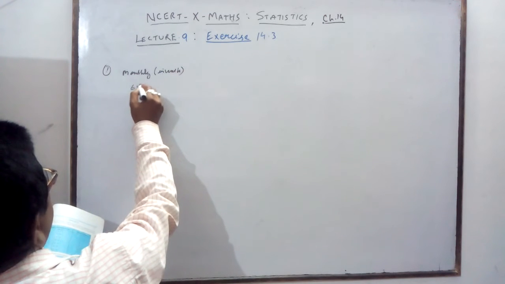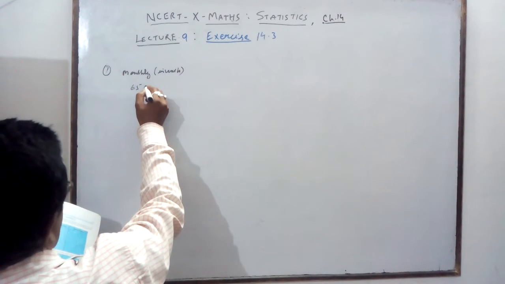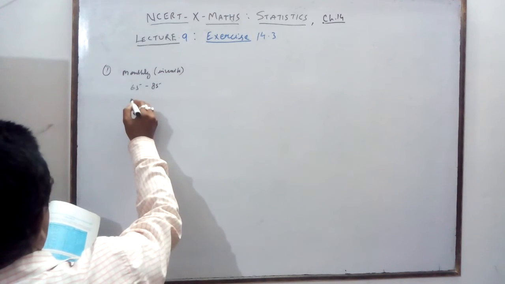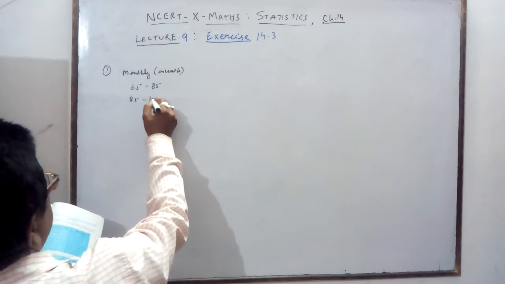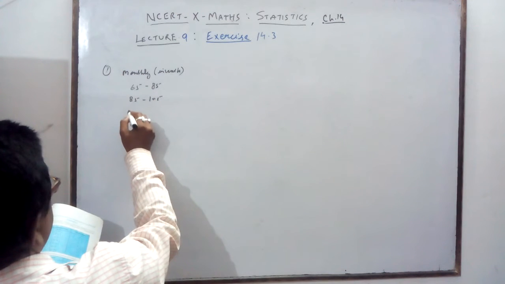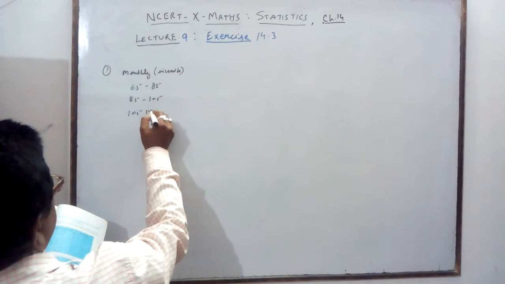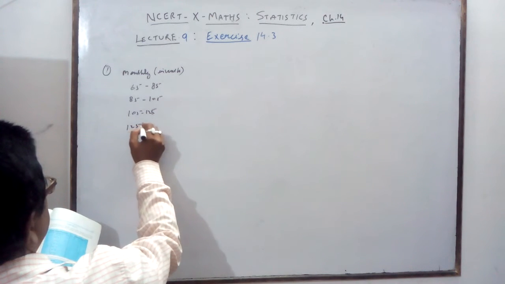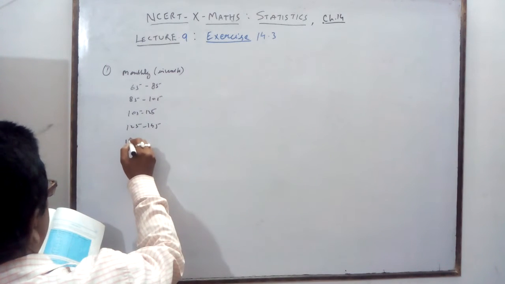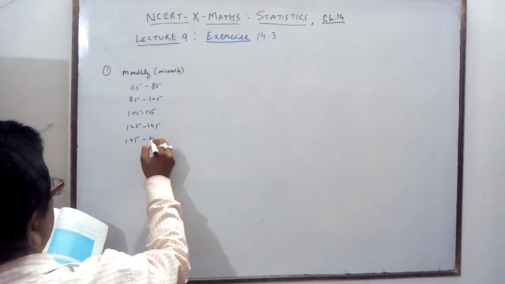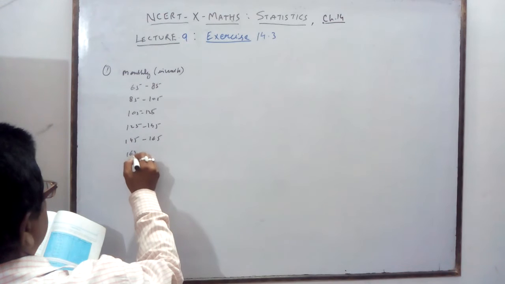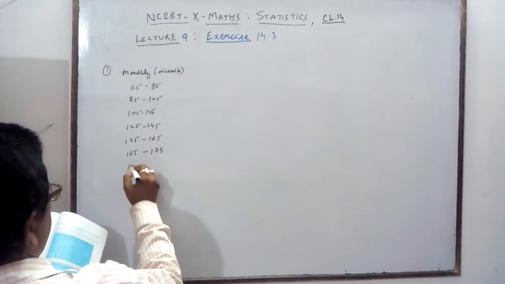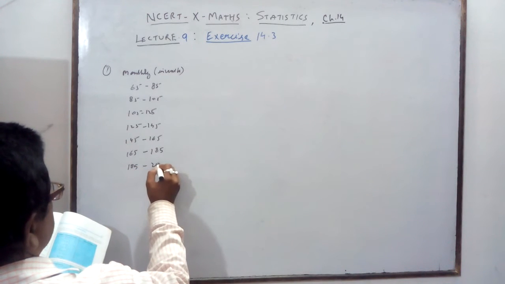The classes are 65 to 85, 85 to 105, 105 to 125, 125 to 145, 145 to 165, 165 to 185, 185 to 205.